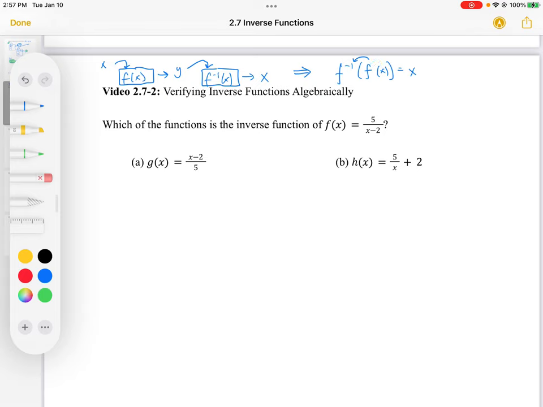Let's just clean that up. This is by definition. Now, we could also do that in a different order. We could put the input into the inverse first, then take that result and plug it into the original function, and we should get what we plugged in originally.